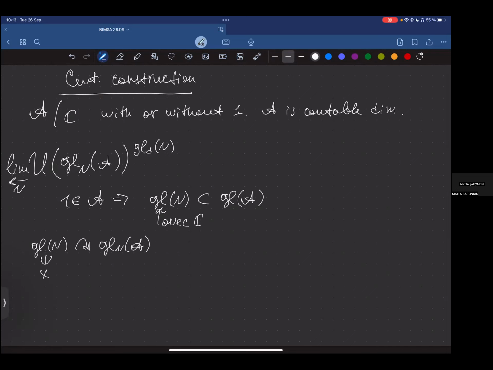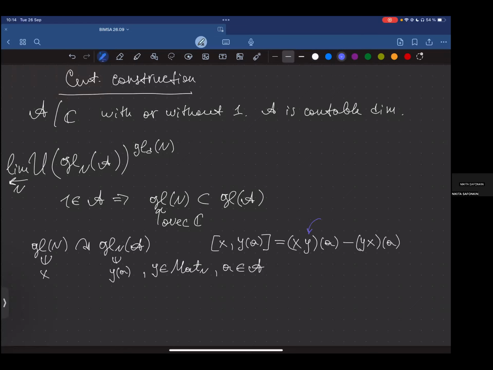So we take some x from here, and we take an element of this, which I denote like y of a, where y is an N times N matrix, and a is an element of curly A. Then this action of x on this y of a is given by this formula, where here and here we have just the ordinary matrix multiplication.